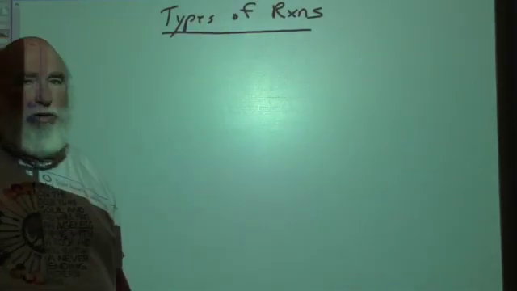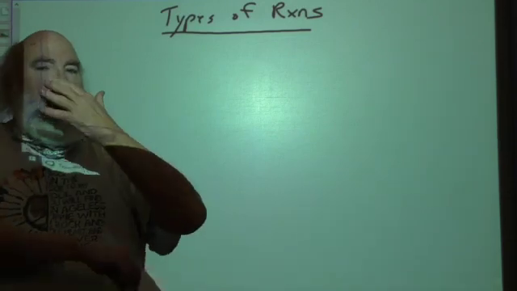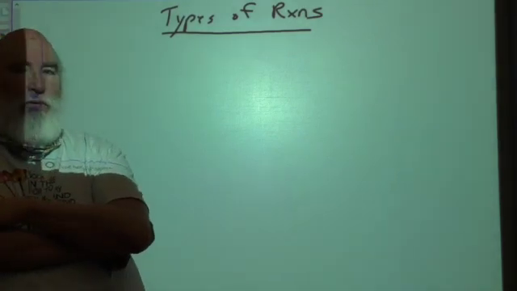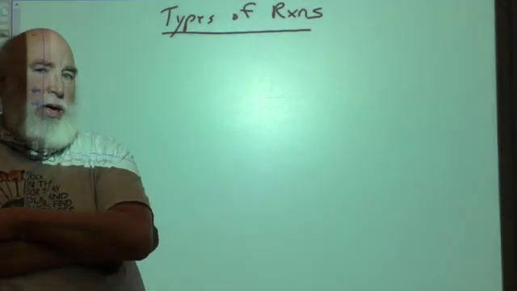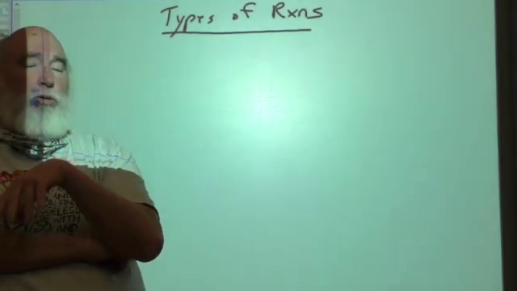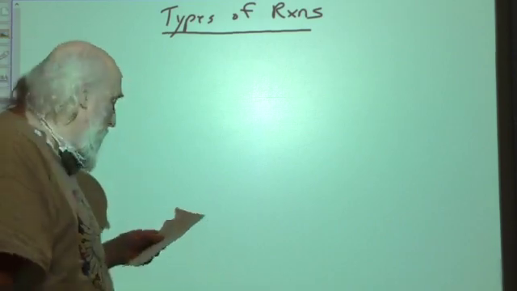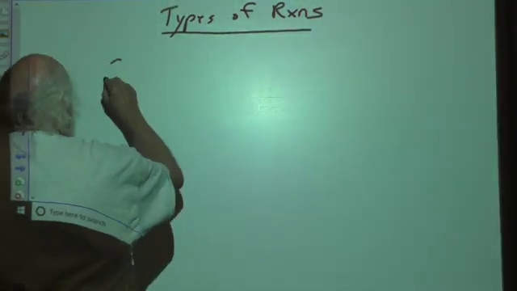Now, let's go to the types of reactions. You should be able to look at a set of reactants and figure out what the products are. And you should be able to identify what kind of reaction it is so you know what the products will be. Let's take, for example, this one right here.